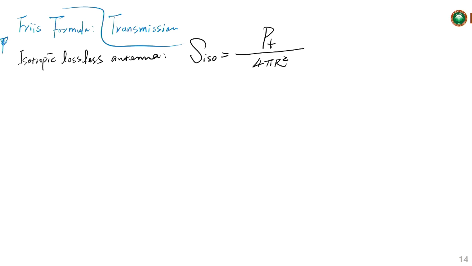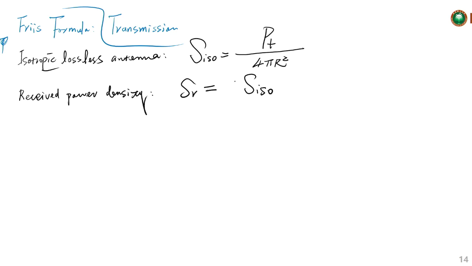And on the receiver side, what we wanted to get is the received power density SR, which equals the transmitted power density.